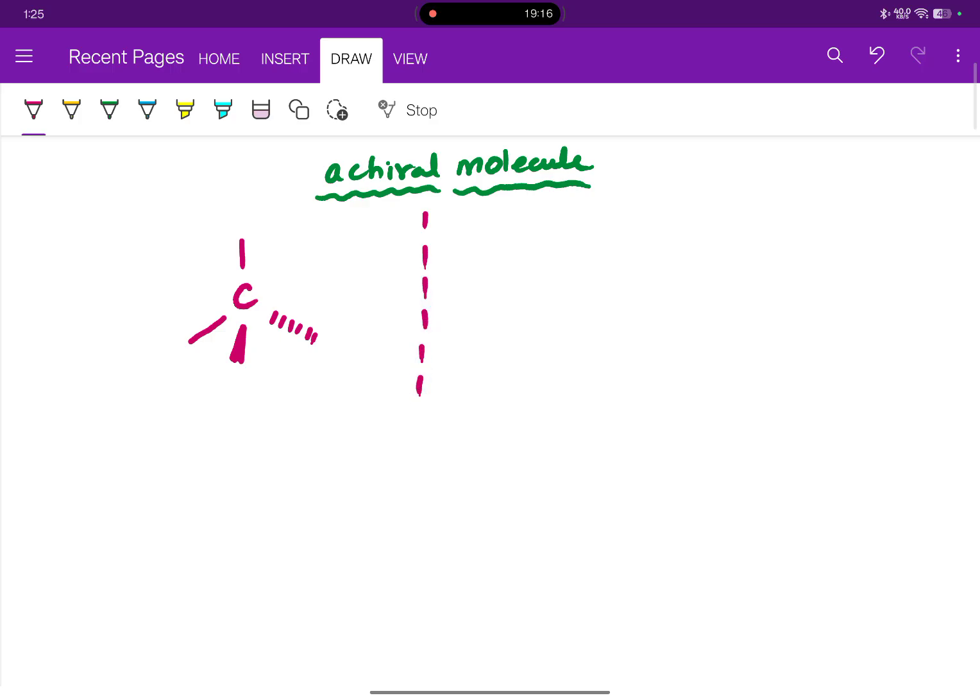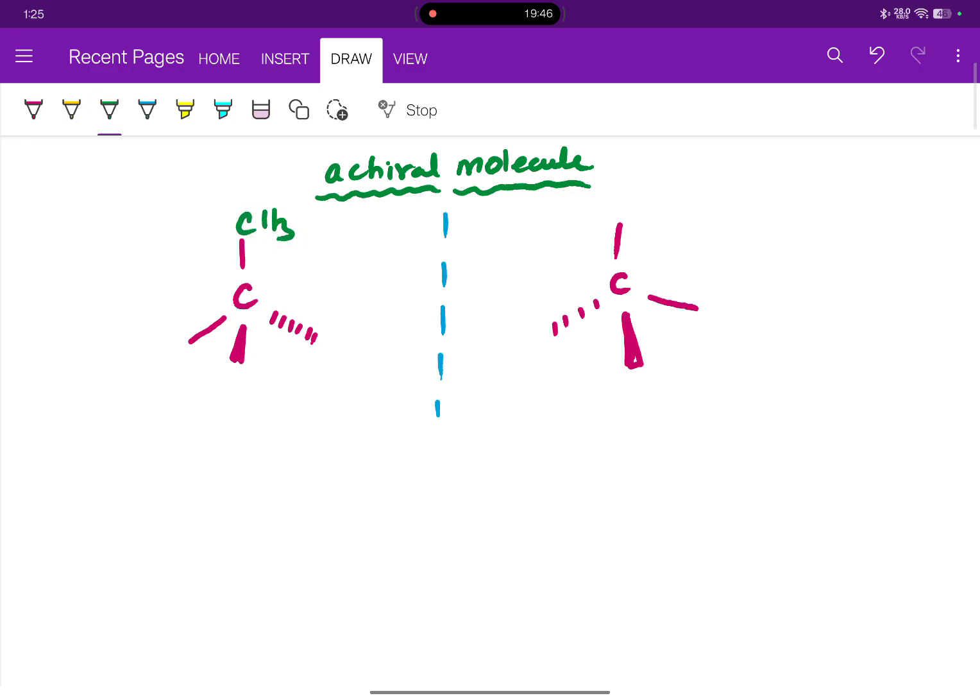So this is a mirror image. So this is a mirror. I'm just separating them. Can you see the left and right are in the opposite direction? So it's a perfect mirror image, correct?